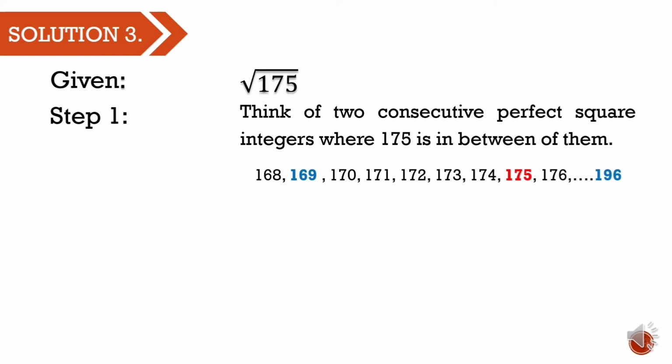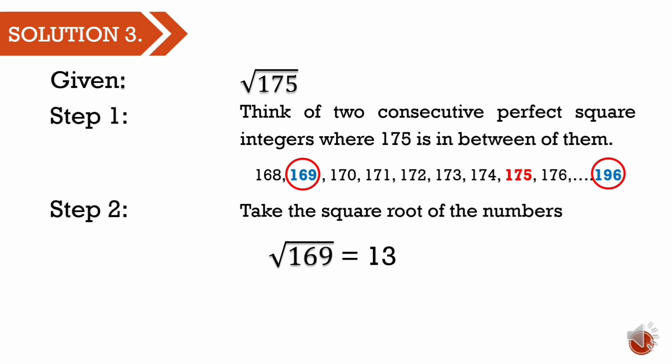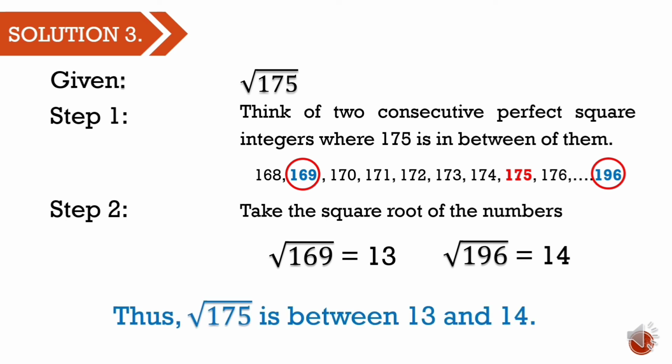In this case, the perfect square bigger than 175 is 196, and the perfect square lower than 175 is 169. By following step number 2, we take the square root of those numbers. So the square root of 169 is equal to 13 and the square root of 196 is equal to 14. Thus, the square root of 175 is between 13 and 14.